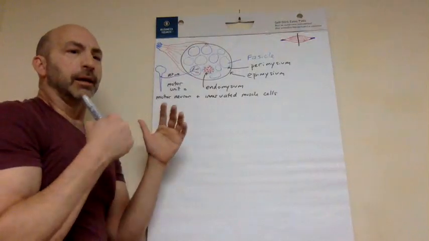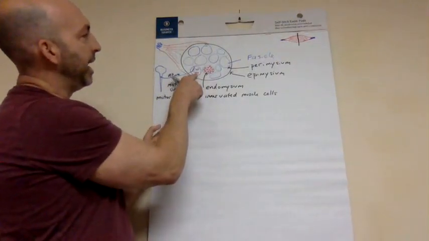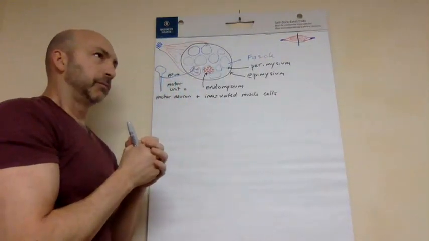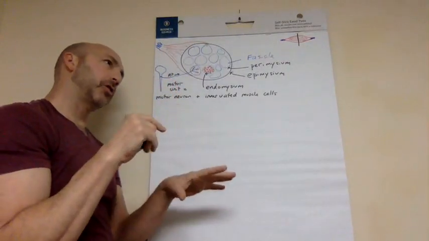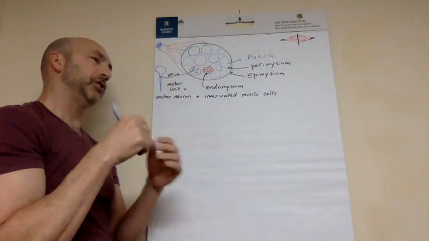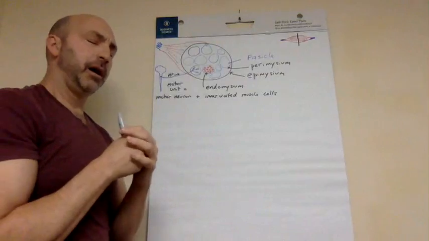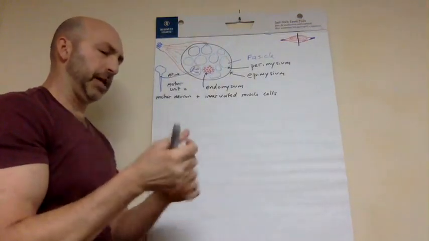Okay, let's look at the individual cells. So let's go down here all the way to the end, and we'll blow that up a little bit so you can sort of see where that innervation occurs and what, again, not getting into the mechanics of the stimulation, but where that occurs and the other structures associated with the subcellular structures to generate tension, right?